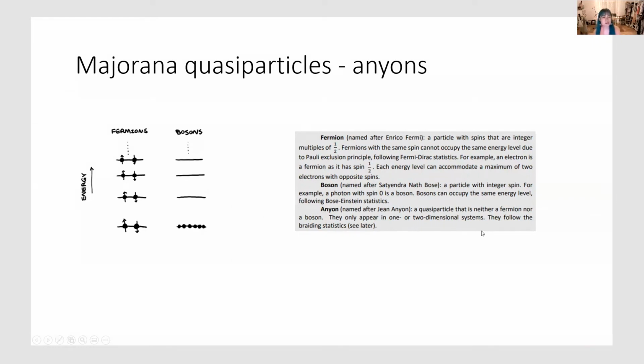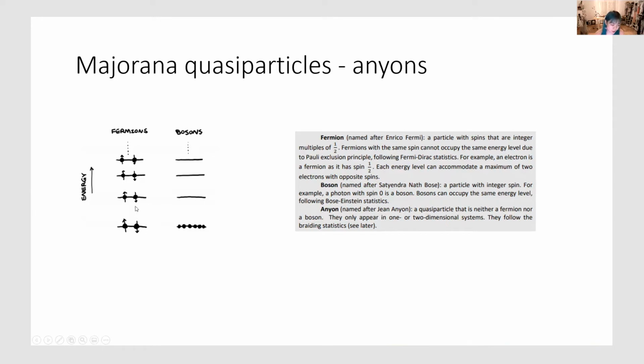And another concept to know about is the statistics of these quasi-particles. You may have heard of fermions and bosons. They have different statistics, namely that for fermions, if they have different spins, you can have two of them occupy the same energy level, but none with the same spin can occupy the same level.